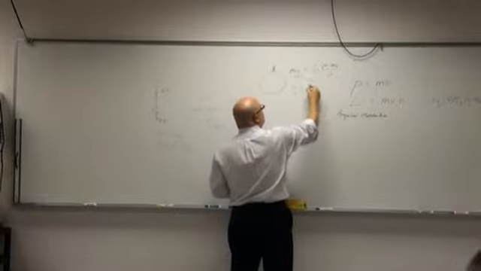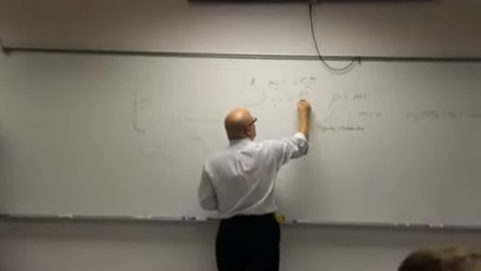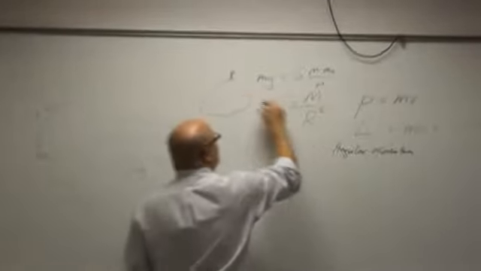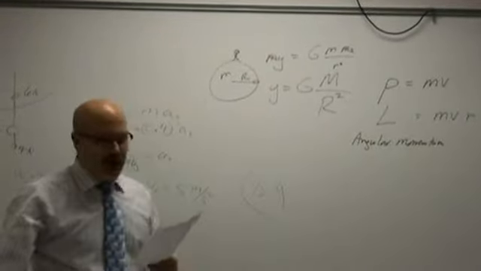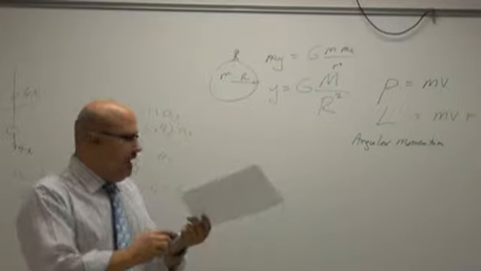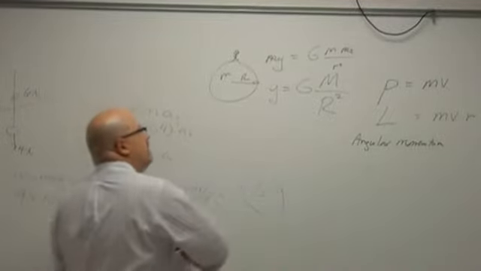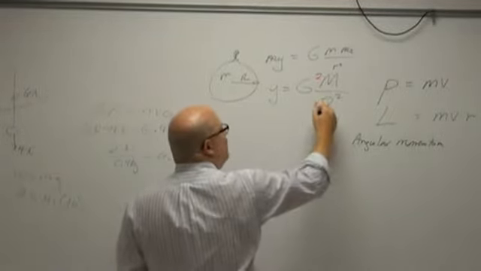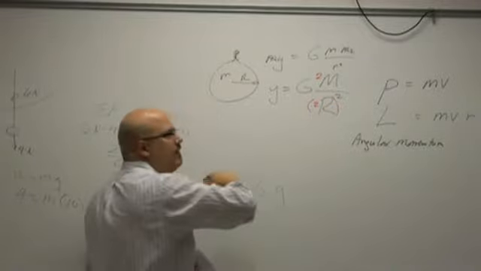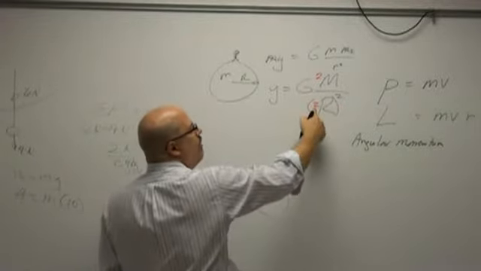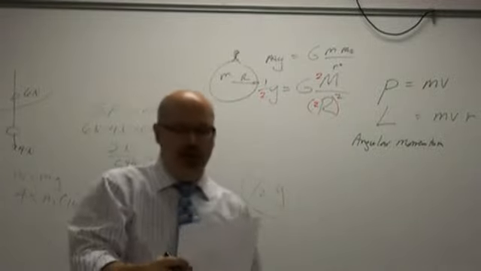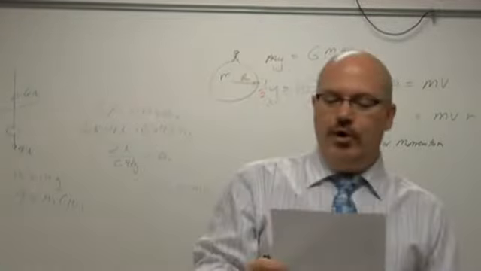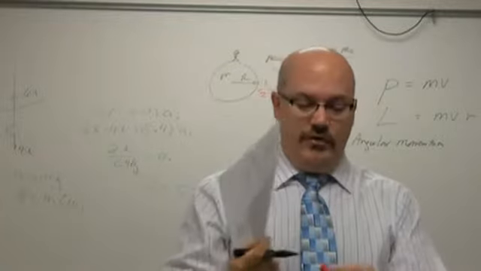So g equals big G, mass of the planet over the radius of the planet squared, right? And so in this case, we have doubled the mass of the planet and doubled the radius, but the radius is squared, leaving us with 2 over 4, because it's 2 squared, so 1/2 of g. So the answer is an 800 Newton person on Earth would weigh 400 Newtons on that planet.